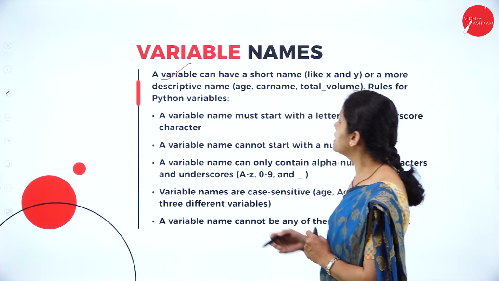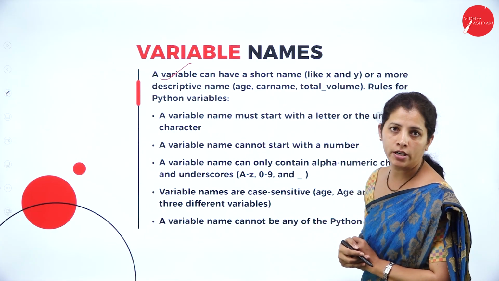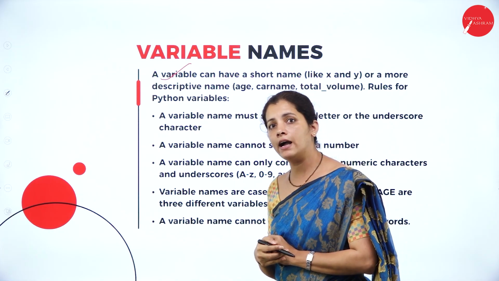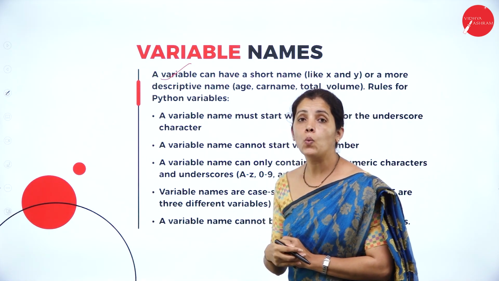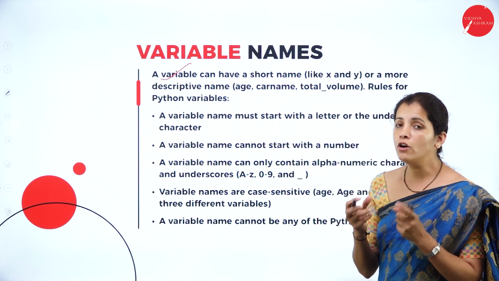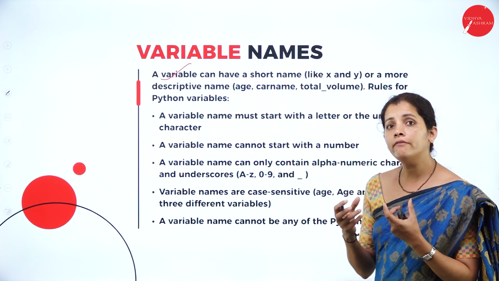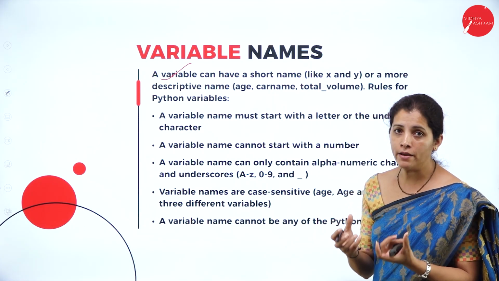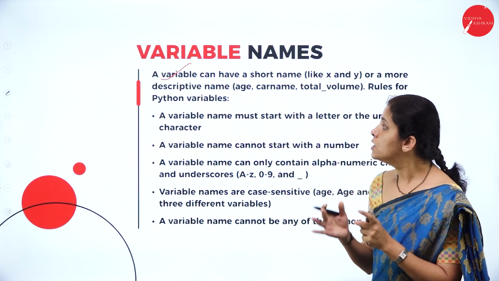Then variable names. A variable can have a short name. In the sense, while defining variables, what rules do I want to follow? I cannot write the variable name according to my wish. I want to follow the rules.